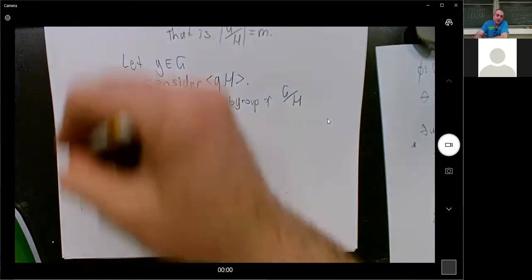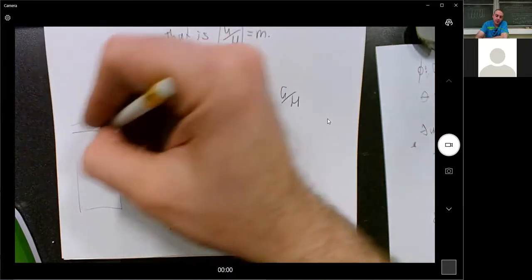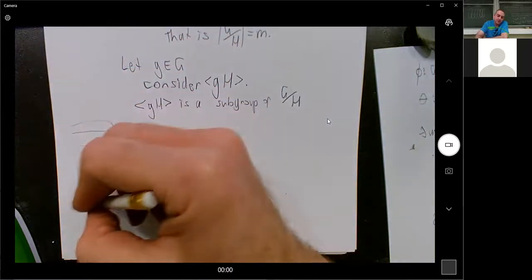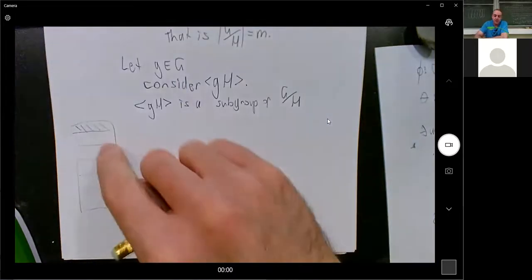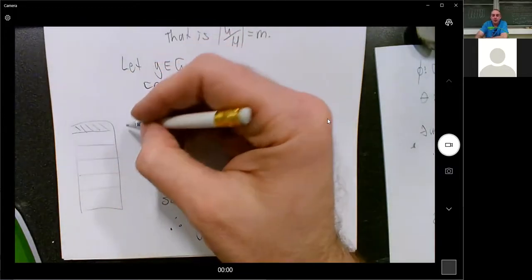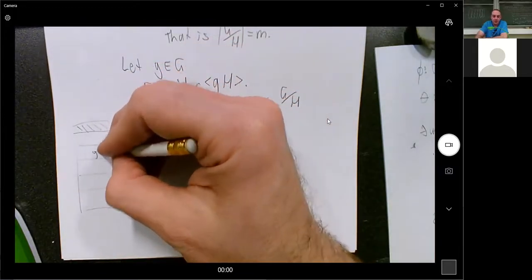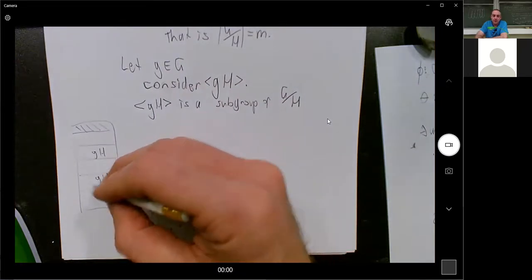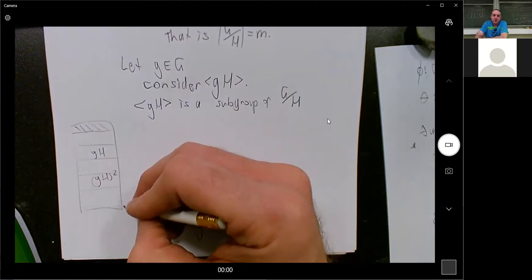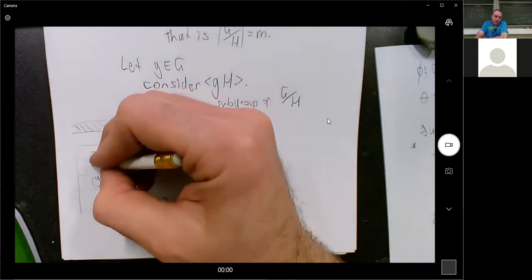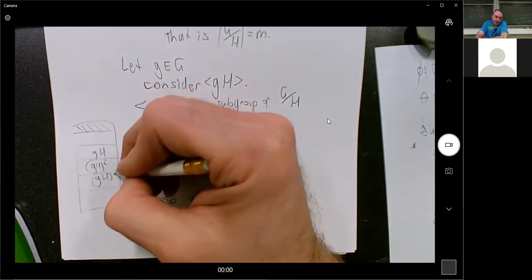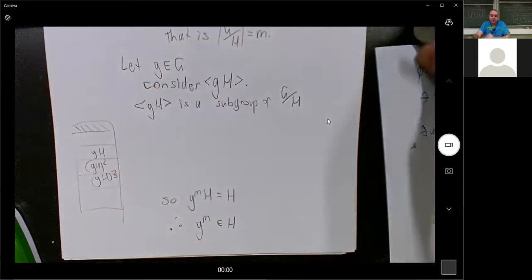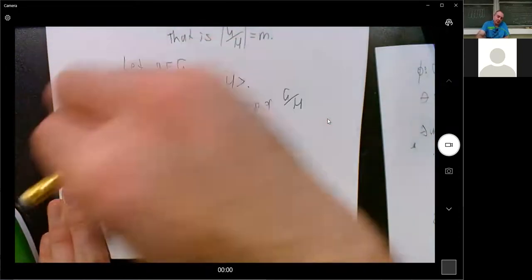So in my head, here's G, and here's H, and these are the cosets, and here's gH, and gH squared might be this. Might not be all of them, just a second.